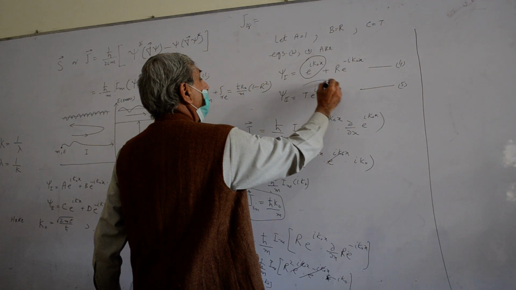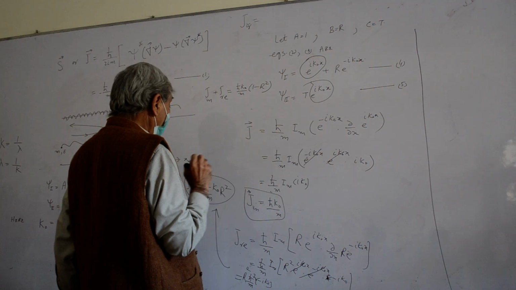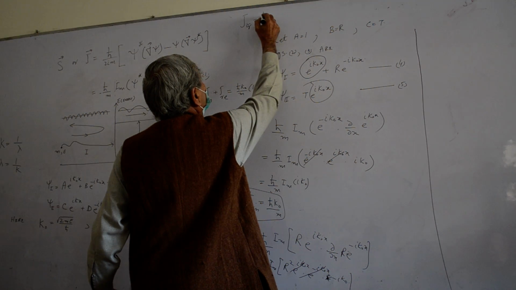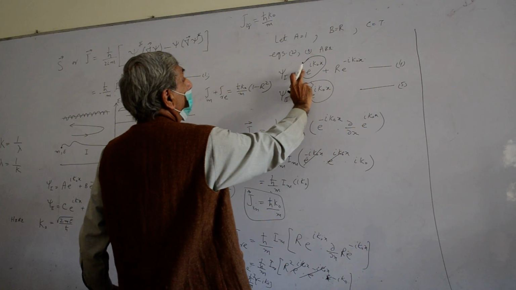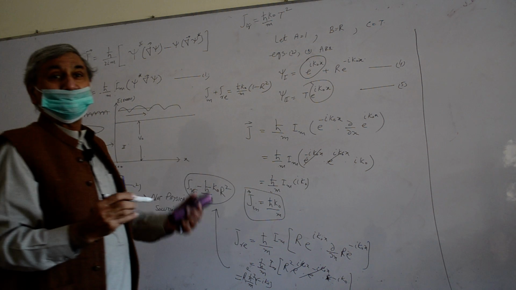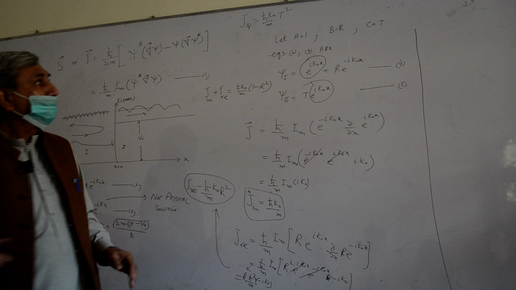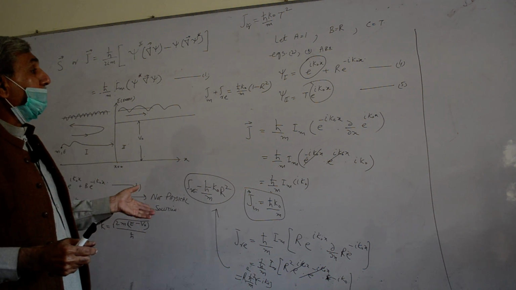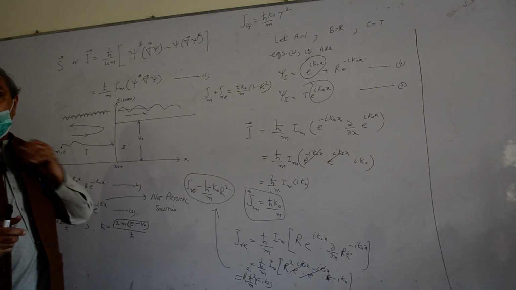Now this thing and this thing are the same, and hence I'll be getting h bar k naught over m, but with that there was 1, here t square has come. This is the probability current of transmitted particles which are going in that direction.